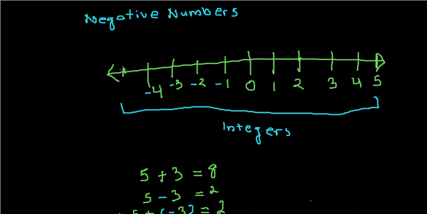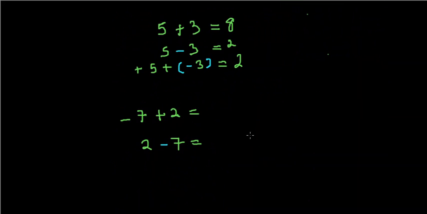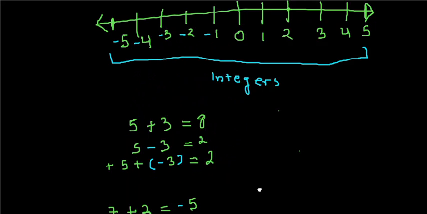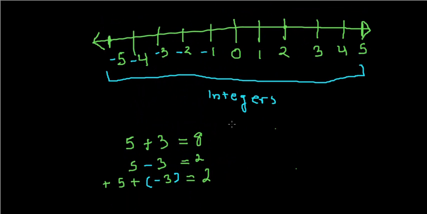So assuming that here's also a negative 5, the answer is going to be negative 5, and that is how you work it out. So with these negative numbers, subtraction is always going to go to the left, addition's always going to go to the right, but now we just added new numbers.